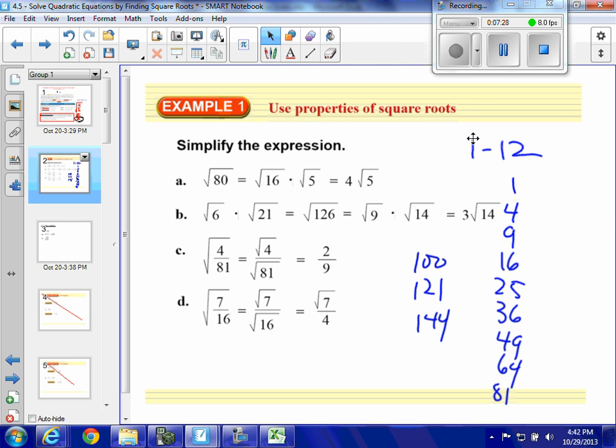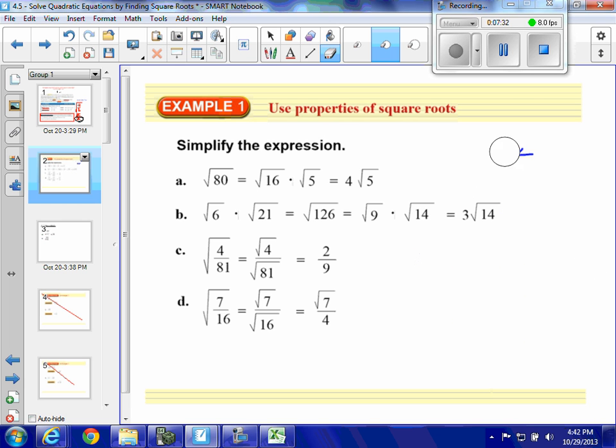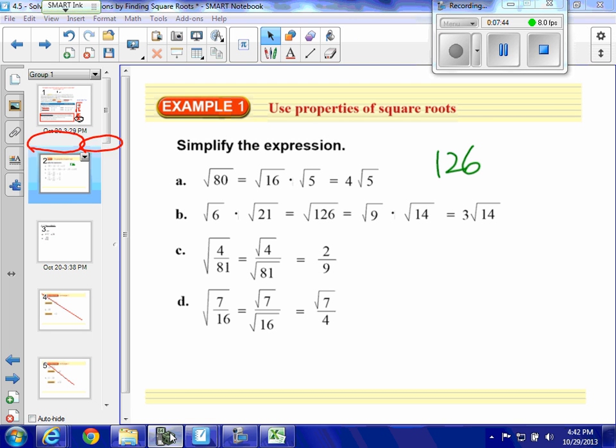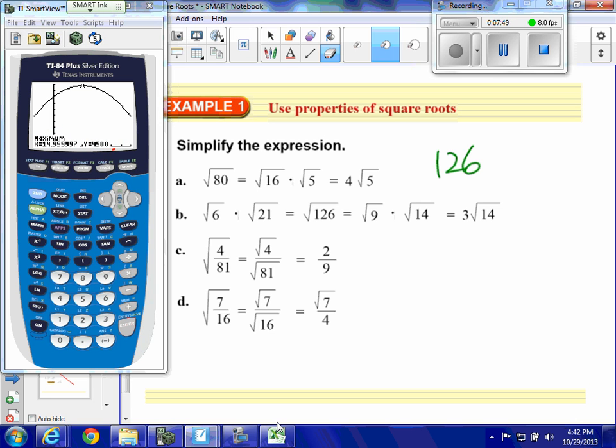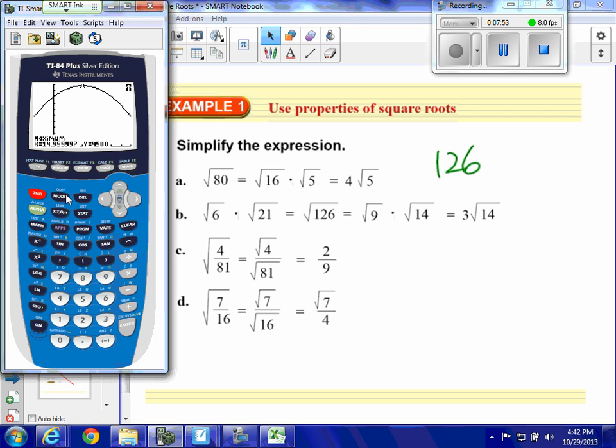Because a lot of times you're going to see a number like, say, 126, and you're going to think, oh God, I wonder if there's a perfect square in there. And instead of having to sweat it out, you just take your calculator, and you take 126, and you start dividing it by your perfect squares.